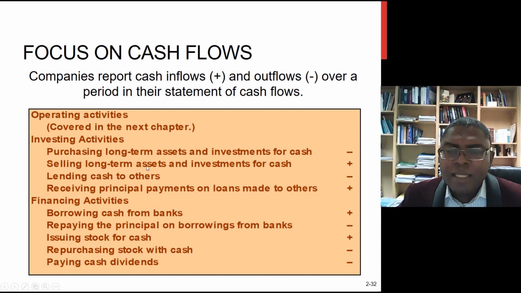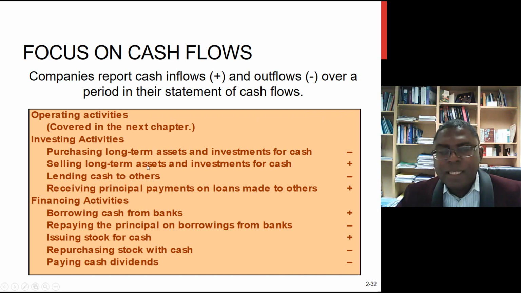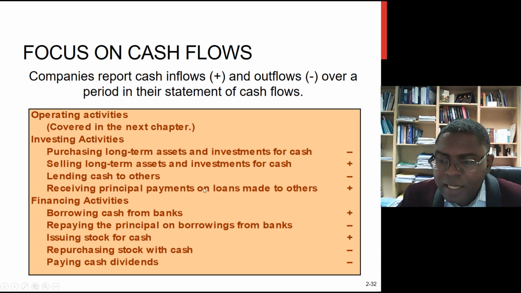Selling long-term assets, when we sell, money is coming in, so that is cash inflow, which is positive. Lending cash to others, when we lend, money is going out, so that will be cash outflow, which is negative. Receiving principal payment, we are receiving, money is coming in, that is positive, that is inflow.